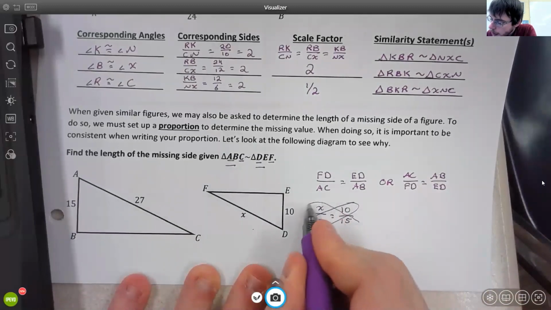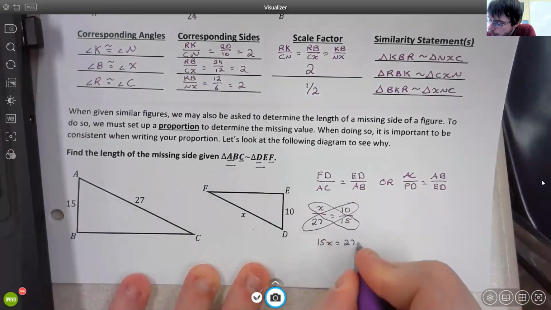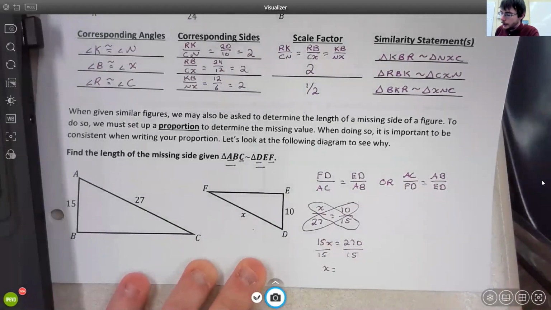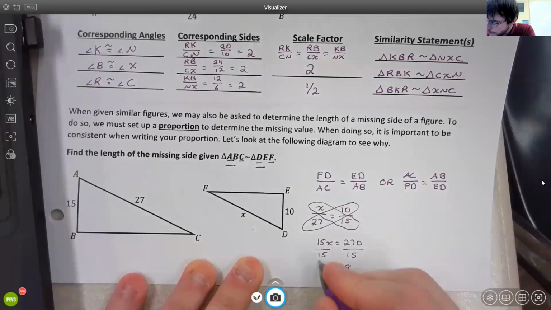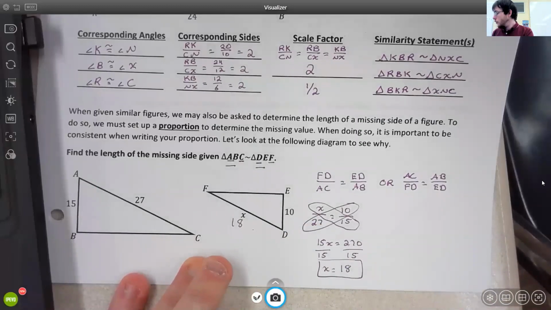Cross multiplying, because we have a proportion here, we have 15x equals 270. Divide both sides by 15, and you get x equals, I can't do that in my head right now, equals 18. Okay.